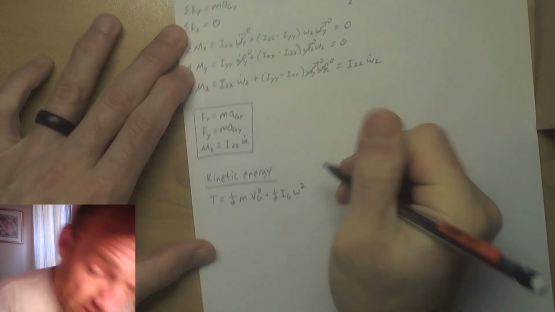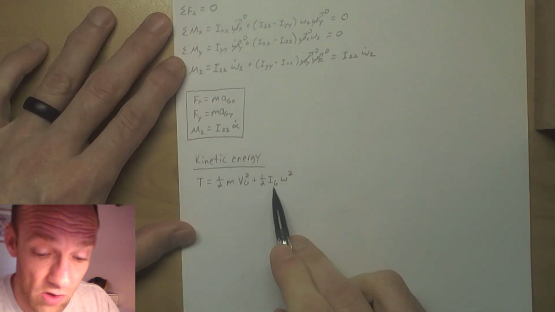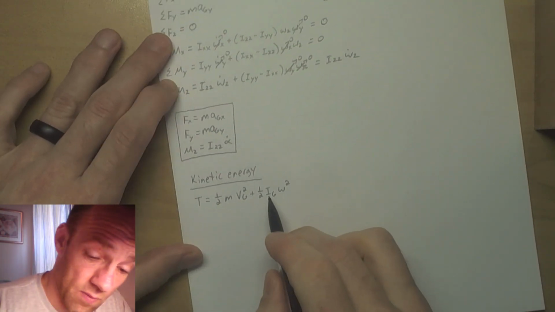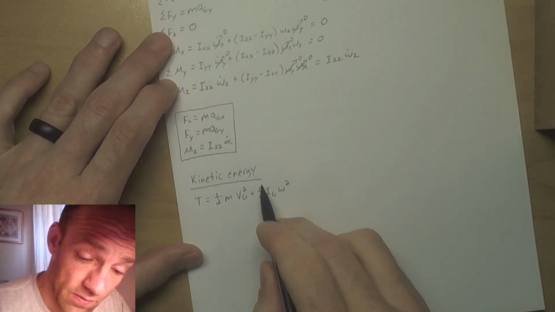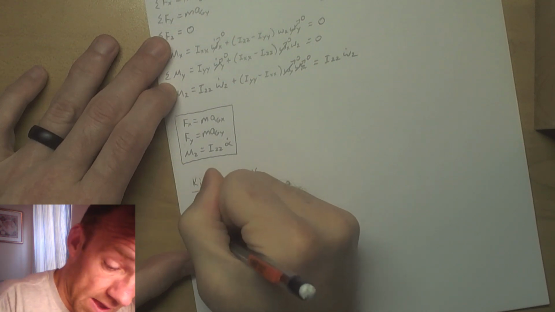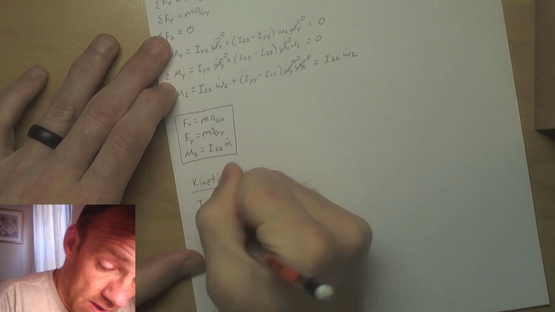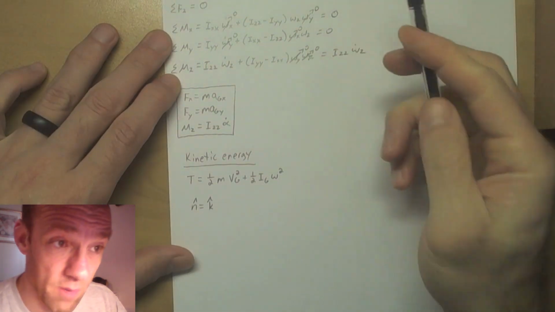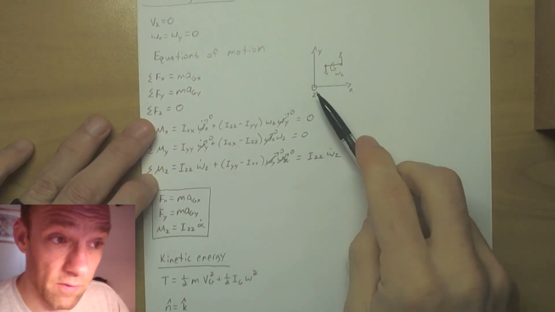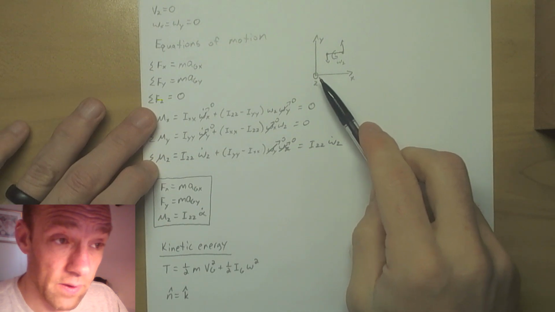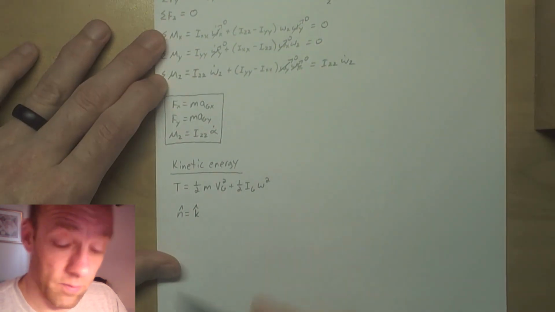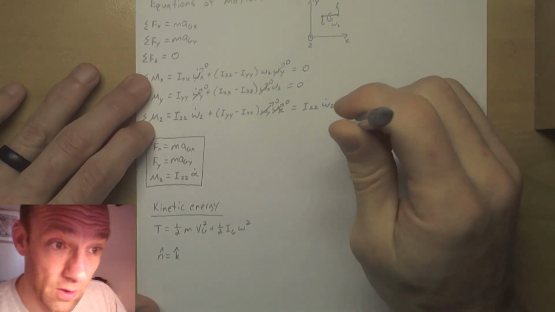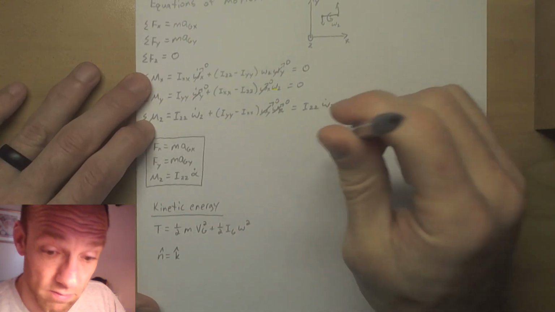So this is actually the same equation that we just covered, except this is the scalar inertia, because n is always going to wind up being equal to k, the z component. So the axis of rotation must be coming out of the plane.